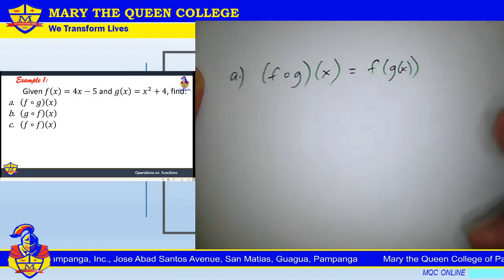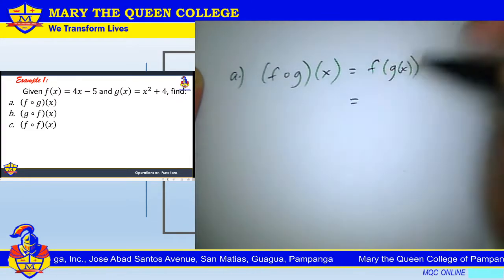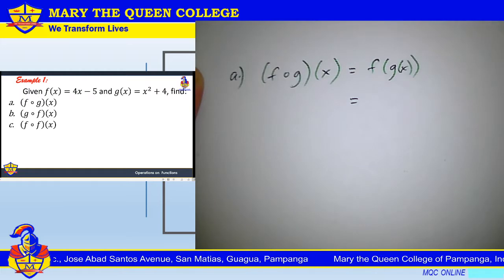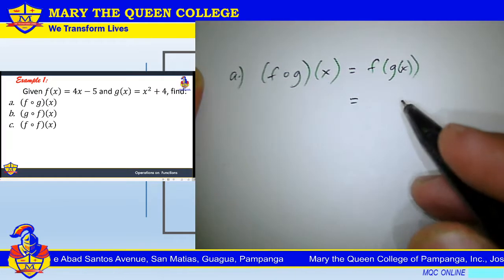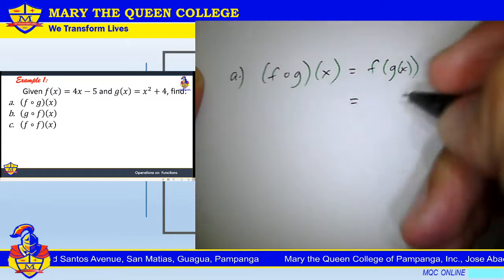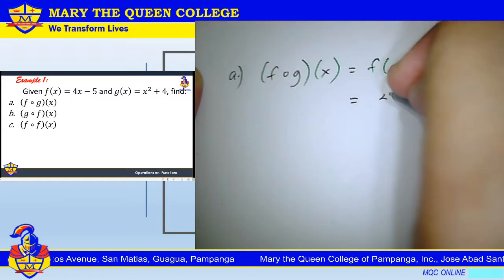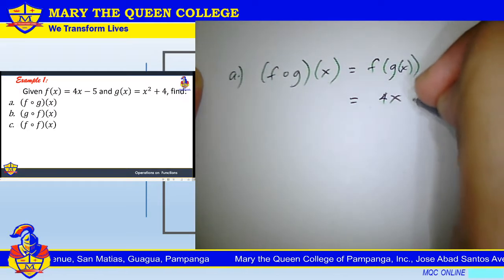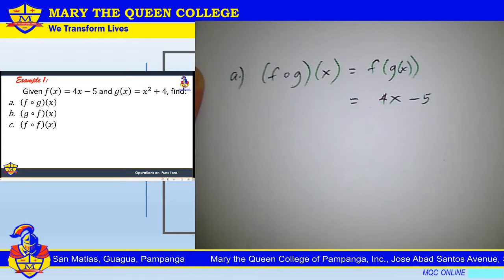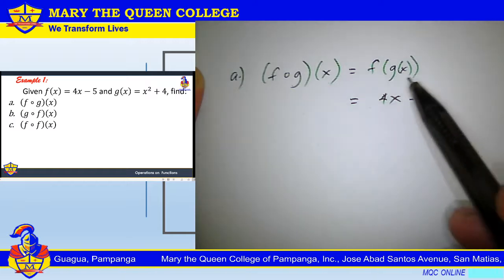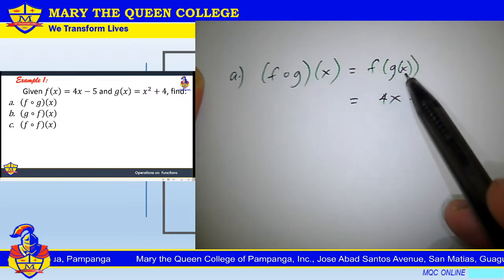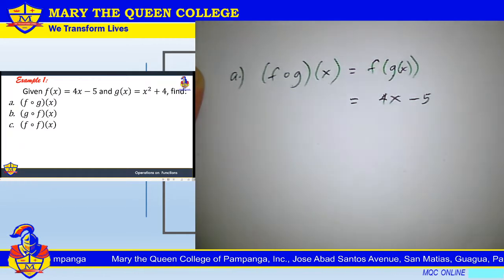So, yung second variable, yun po yung tatawagin nating sub-function. So, yun po yung ang gagawin po dyan, first, copy the original function which is f of x. So, base sa given po natin, our original f of x, that is 4x minus 5. Okay? And then, yung ating sub-function g of x, yun po yung ipapalit natin dun sa variable x.